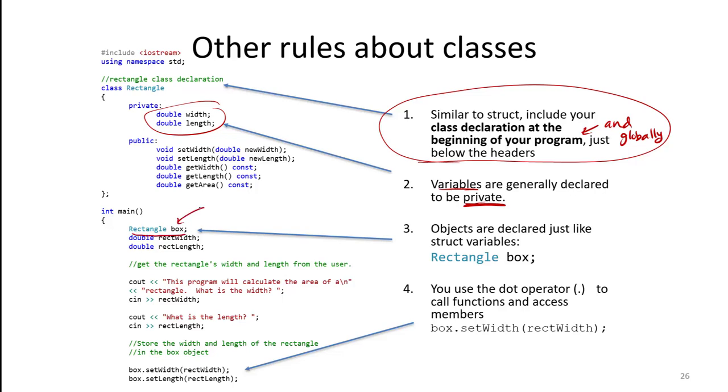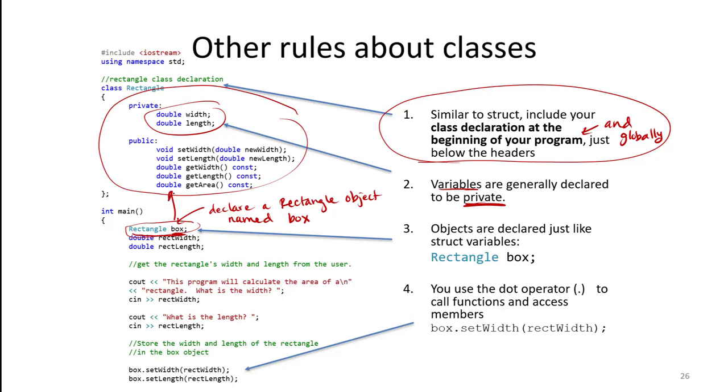In this first line of code here, I'm declaring a rectangle type object named box. And so this box will automatically be declared with all of the items in our class declaration.